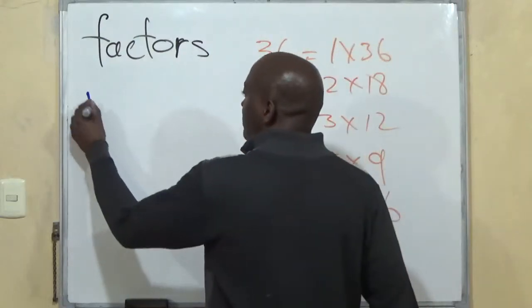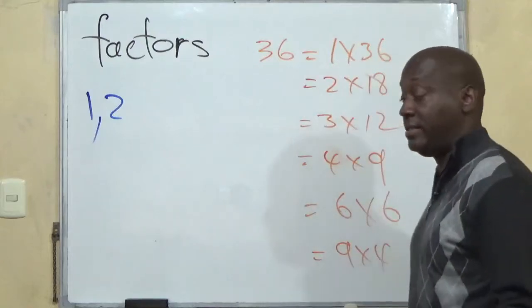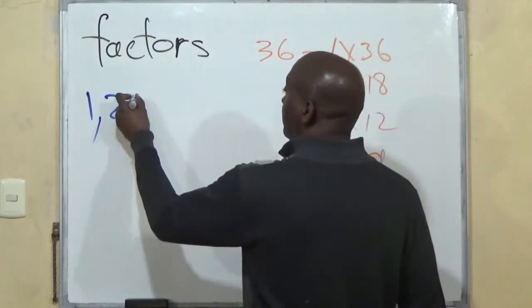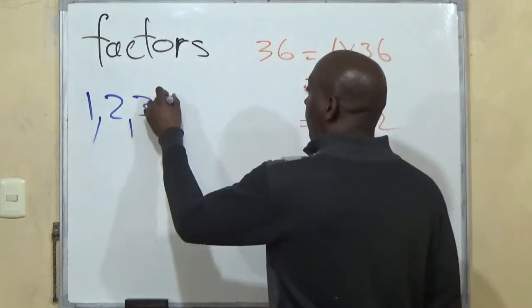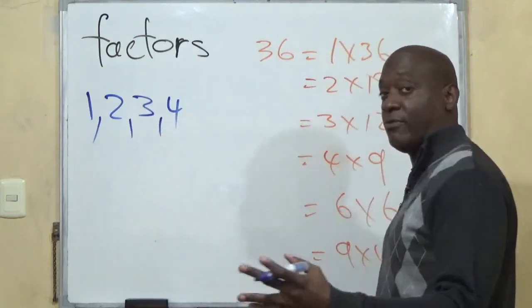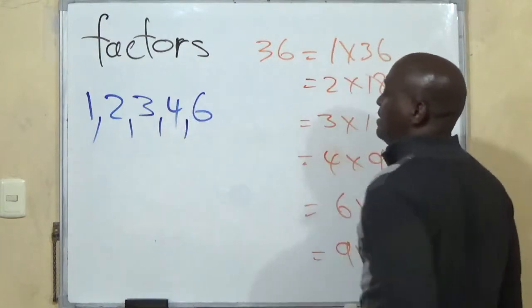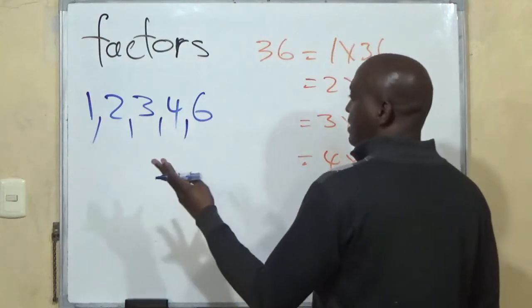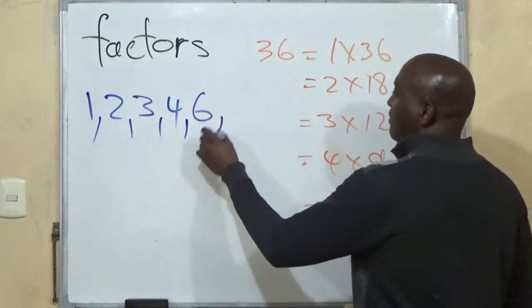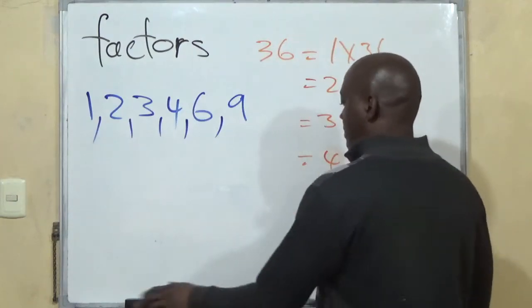Any number you think of, 1 is always a factor. 2, because we established that 2 by 18 is 36. 3, because we established that 3 by 12 is 36. 4, because we established that 4 by 9 is 36. Not 5. 6, we established that 6 by 6 is 36. Then 7, 8, 9. 9 is a factor because we know that 9 by 4 is 36.